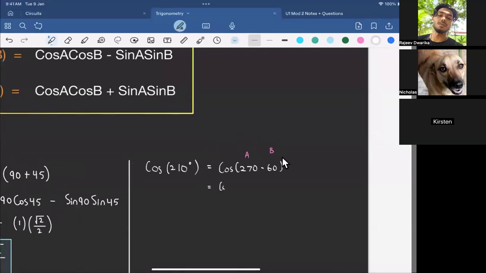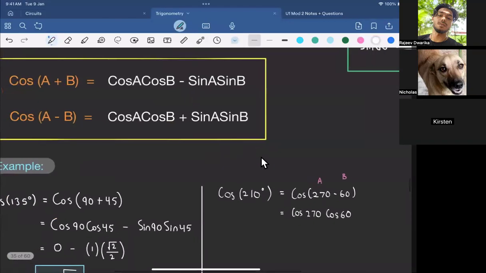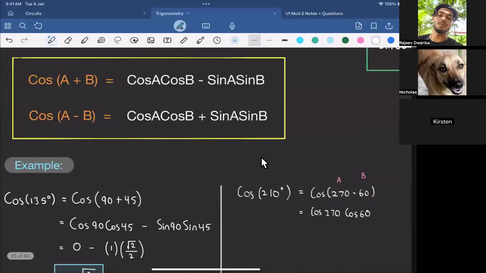So I'm going to write cos 270 degrees, then cos B, B is 60, right? Kirsten and Nicholas, when you're using the formula for cos, there's something to remember.